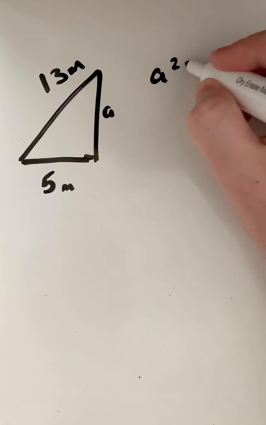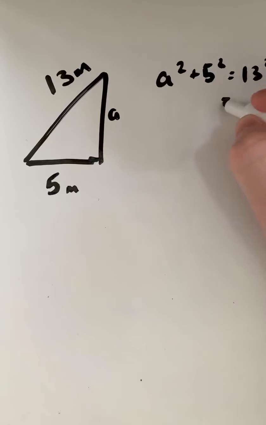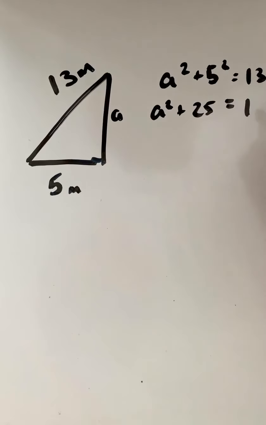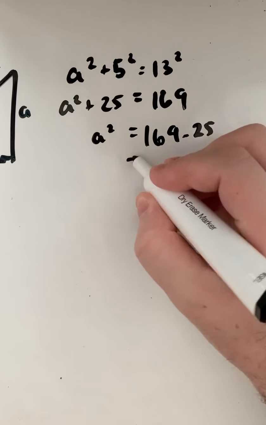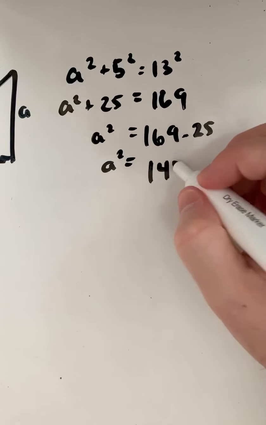So a squared plus 5 squared equals 13 squared. A squared plus 25 equals 169. A squared equals 169 minus 25, so a squared equals 144.